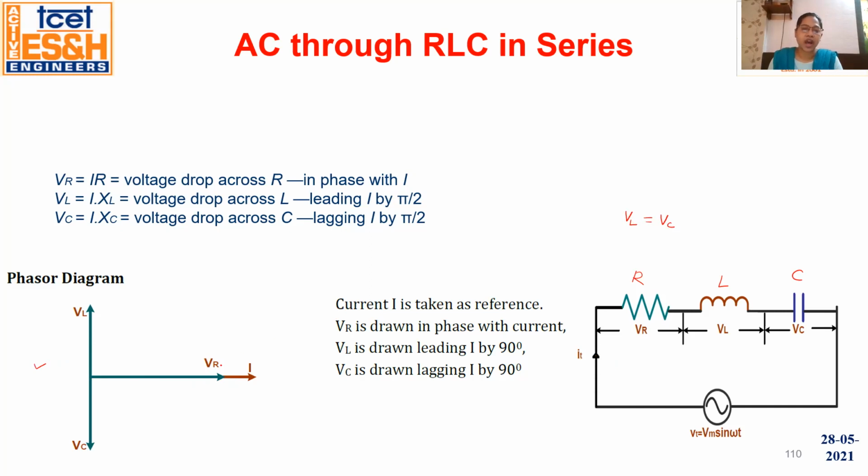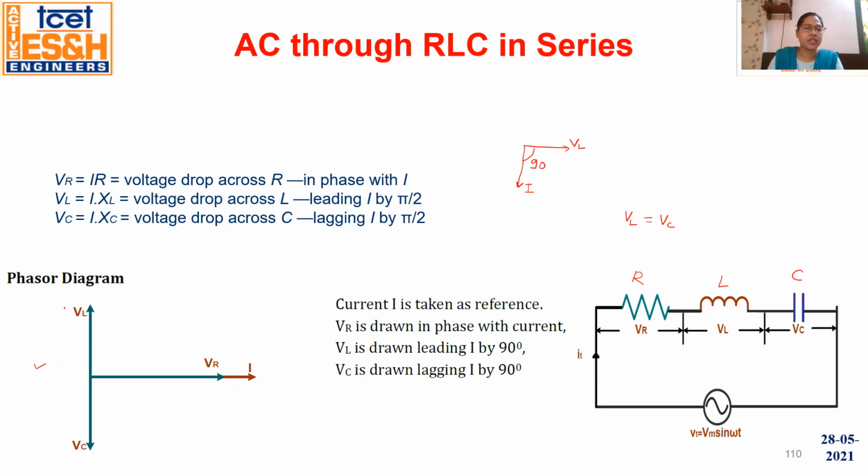So VR and I are in phase, whereas the voltage across inductance VL is always 90 degrees ahead of the current. So see, this is the relationship between voltage and current across the inductance.